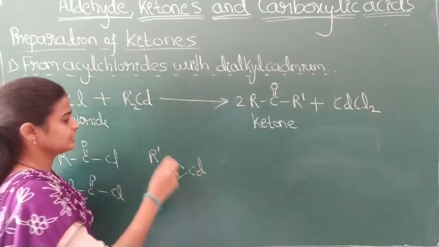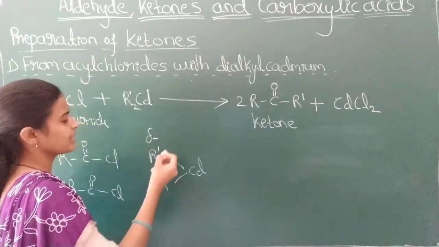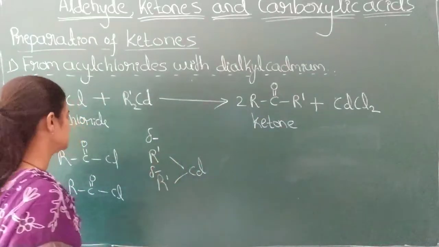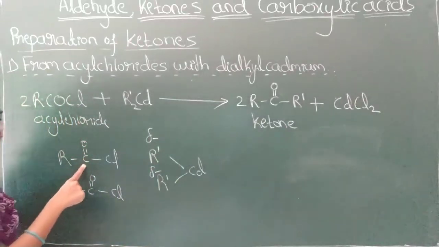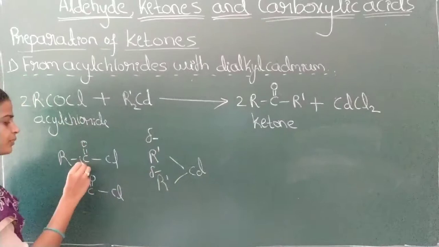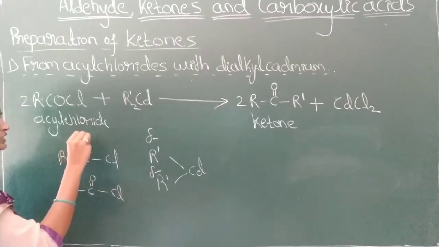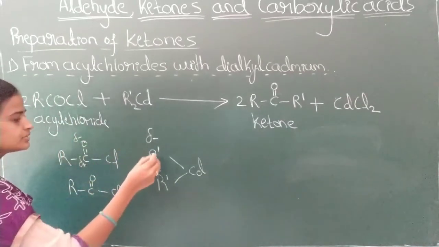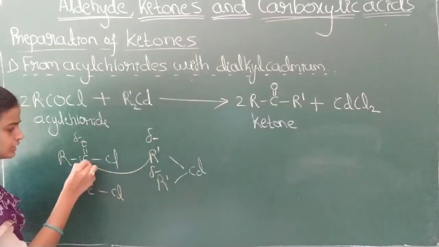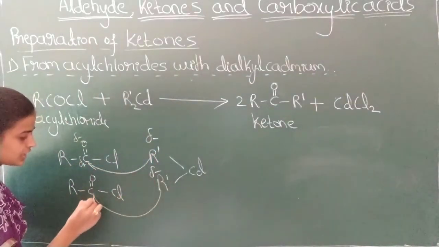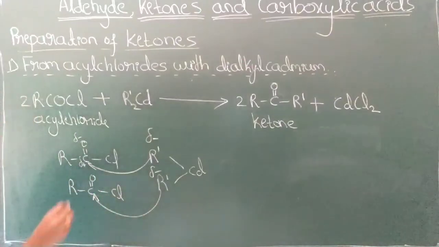Cadmium is a metal, therefore this carbon atom gets a partially negative charge. We have studied the nature of this carbonyl group. The carbon gets the partially positive charge, and the oxygen gets the partially negative charge. What happens? This partially negative carbon atom attacks this carbon atom, and here also it attacks this carbon atom.